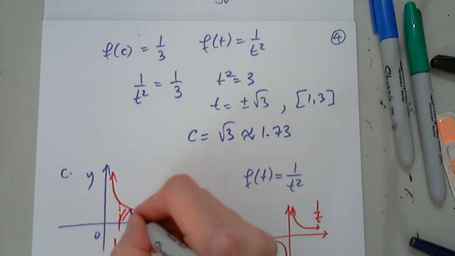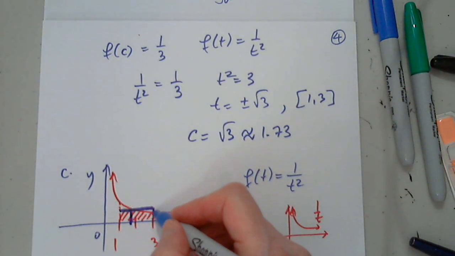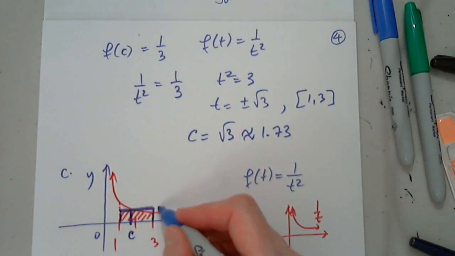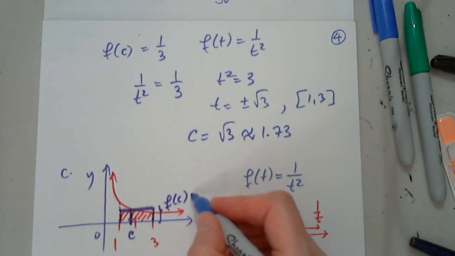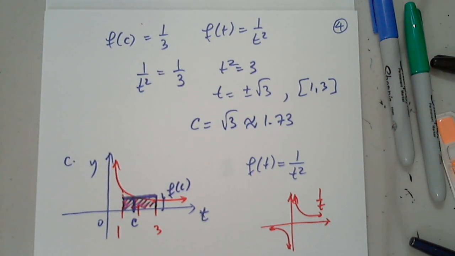Here's the height of f of c. And the area of this rectangle with c and f of c has the same area as the area under the graph. Thank you. I hope this helps you discover this section even further.